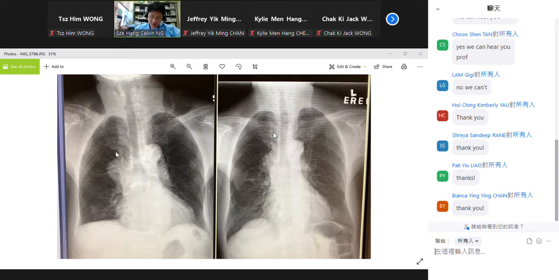I'm just trying to draw on a piece of paper to show you. So when you have a lung lesion, and then you have a mediastinal lesion. I'm just drawing on a piece of paper. Don't worry, you're not missing anything right now.